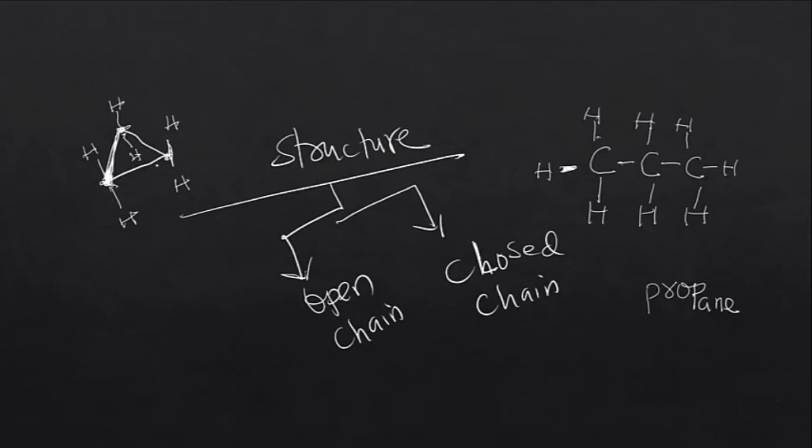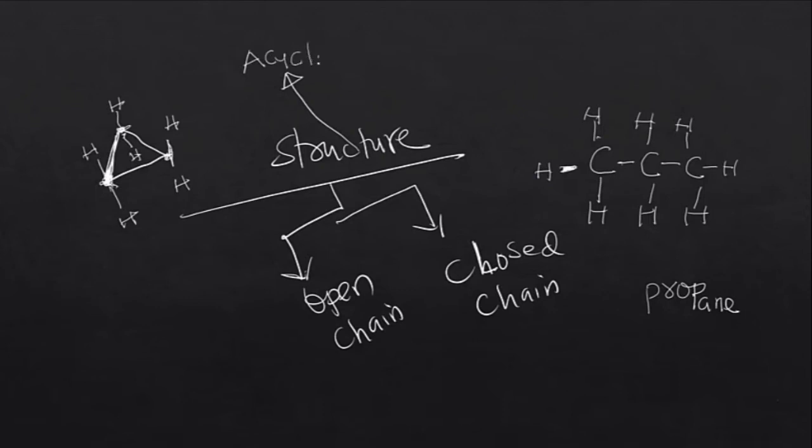You can see that this is another organic structure. But the atoms that make up this structure are linked together in a closed chain. The chain is closed. Unlike here where the chain is open. So ladies and gentlemen, when the atoms that make up an organic structure are linked together in an open chain, it means that the organic compound belongs to a class of organic compounds we call acyclic.